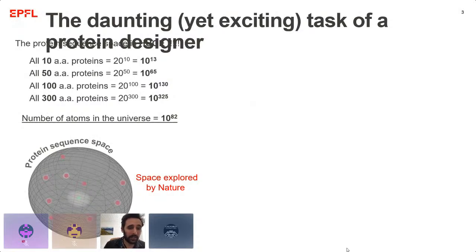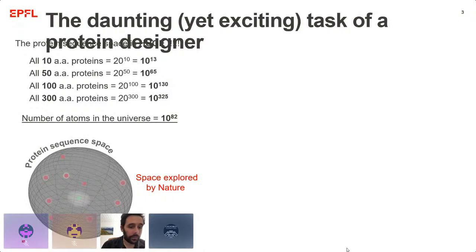So in terms of reminding you, the typical problem of a protein engineer is really this problem of space, right? We have an almost virtually infinite number of combinations, where when you start very quickly going to proteins of around 100 amino acids, you have a potential number of polymers or proteins that you can make of more than the number of atoms in the universe.